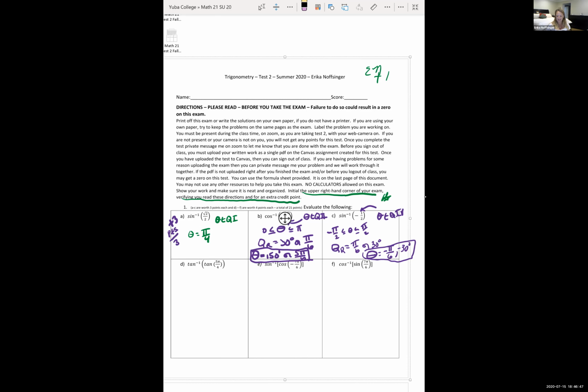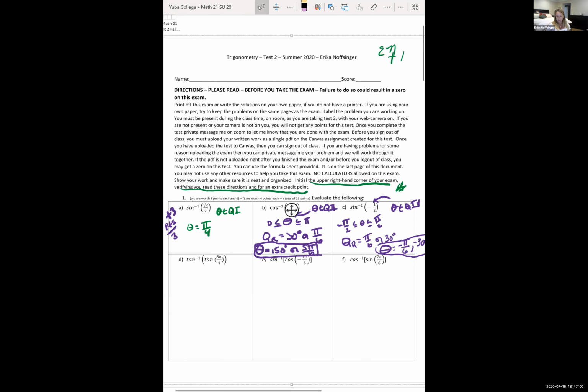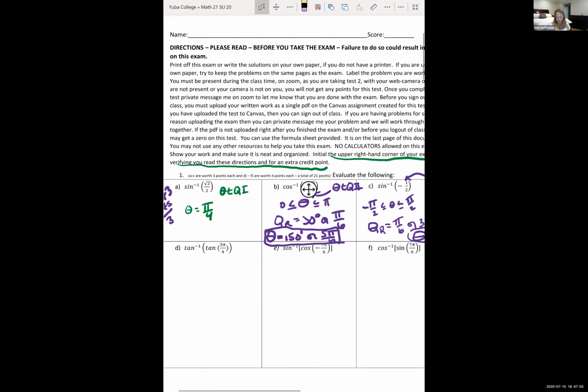But since it started like this, you want to give it between negative pi halves and pi halves, or negative 90 and 90. So this one you had to be careful.